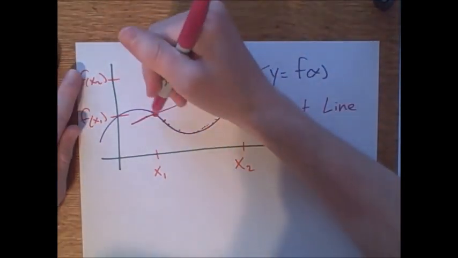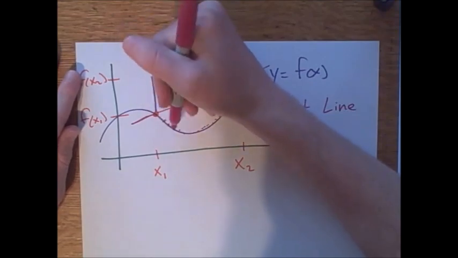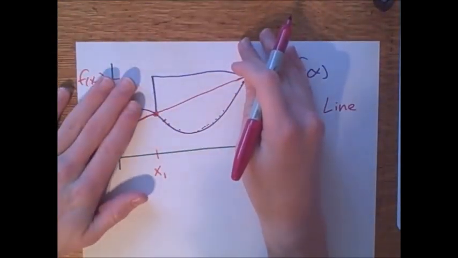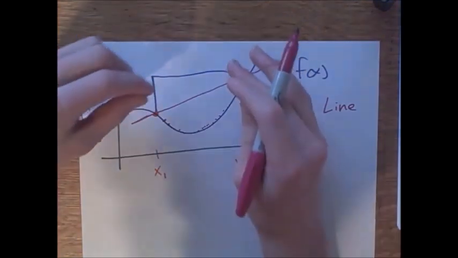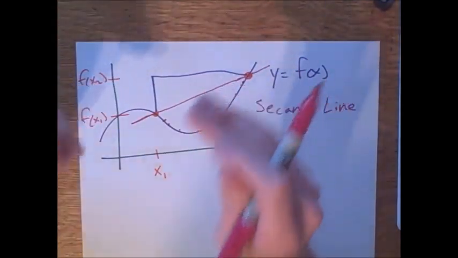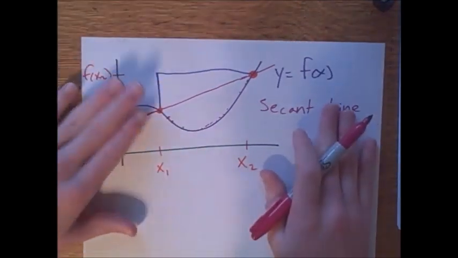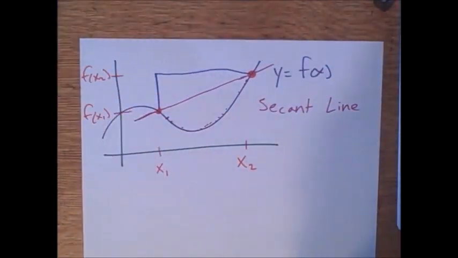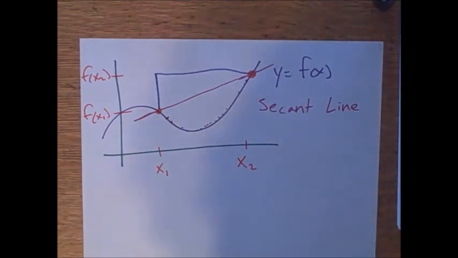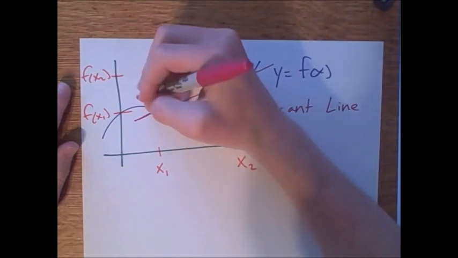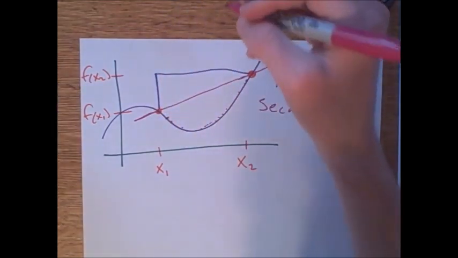If you were to zoom in on this point right here, because this is differentiable, if you were to zoom in close enough, you would find that it starts to kind of even out into a straight line. Even though it's a curve here, it would start to kind of straighten out. And to find the slope there, you have to have 2 points, right?